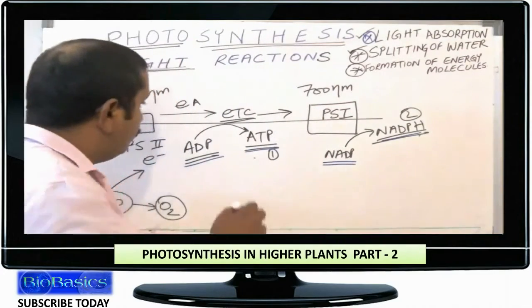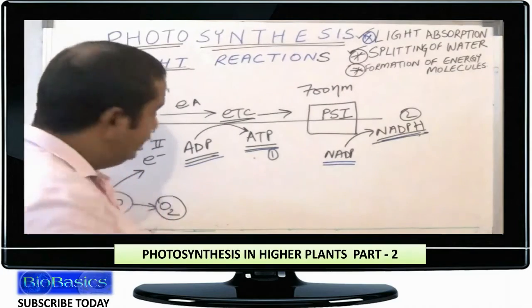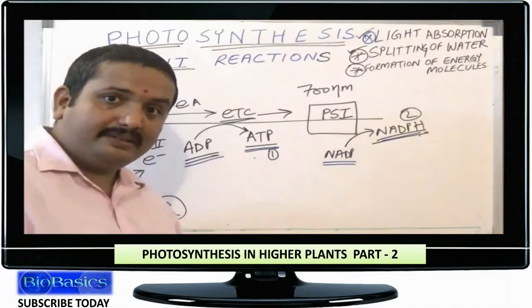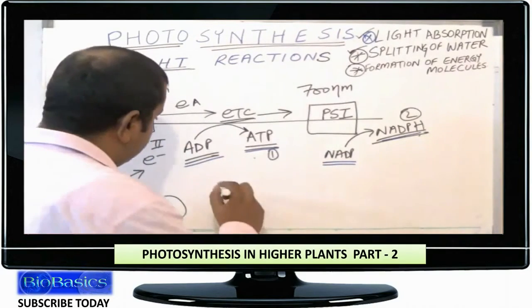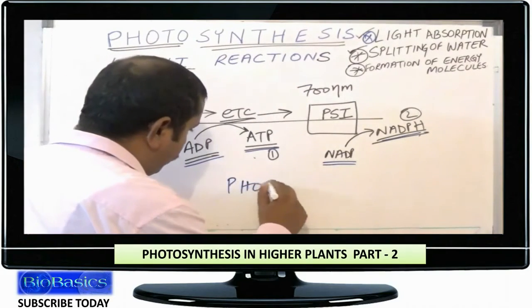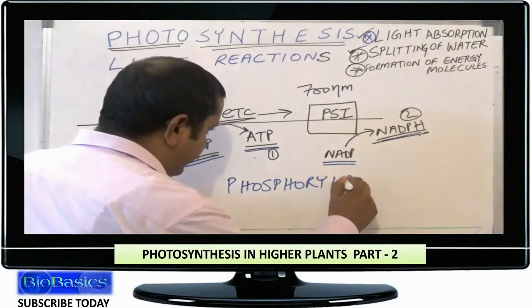So, for the formation of ATP, which means it is formed from ADP to ATP, you have an addition of an inorganic phosphate molecule. That process is called phosphorylation.